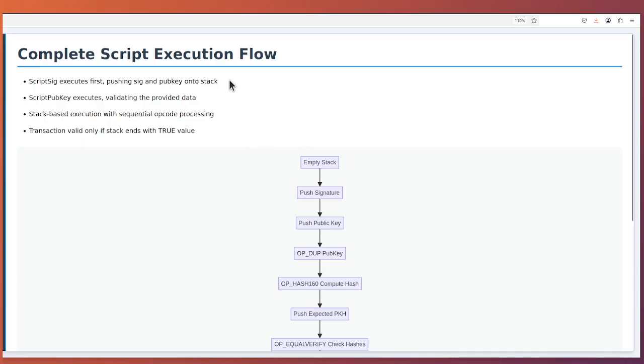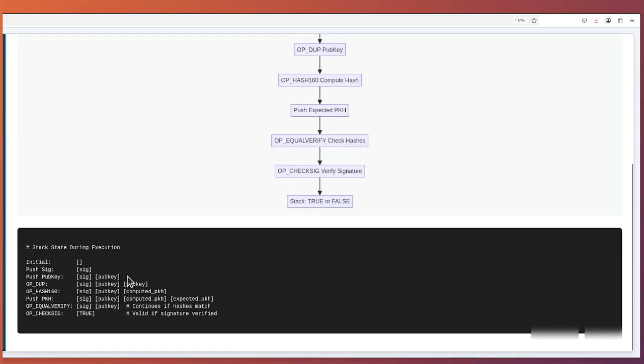The script execution begins with an empty stack. The ScriptSig executes first, pushing the signature and then the public key onto the stack. At this point, the stack contains two elements: the signature at the bottom and the public key on top. This is the initial state before the ScriptPubKey begins execution.